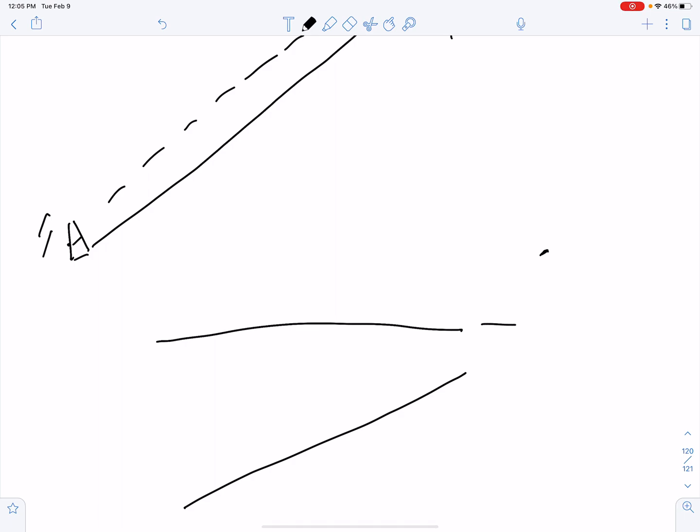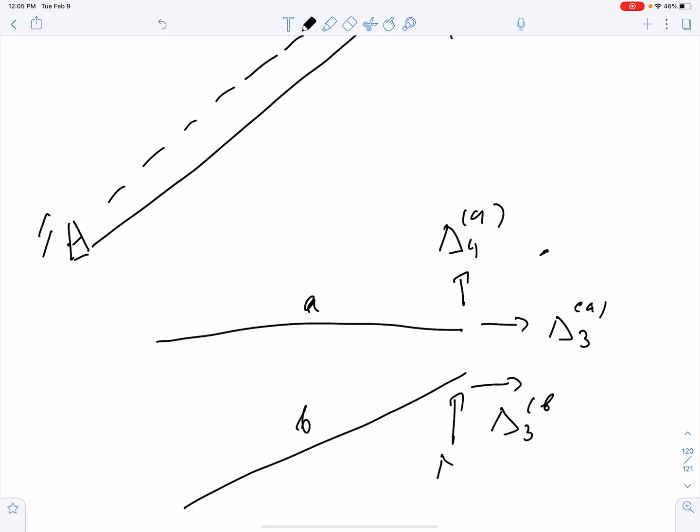So it develops delta 3a, delta 4a, and then delta 3b, delta 4b. And so both this point and this point displace to this location here. So this becomes a new element A, this becomes a new element B.